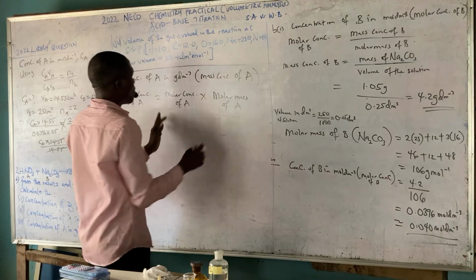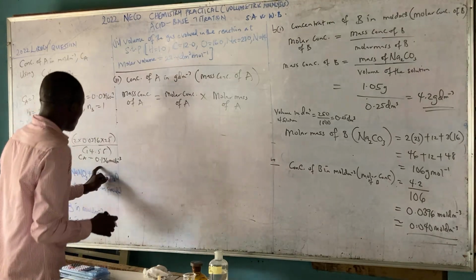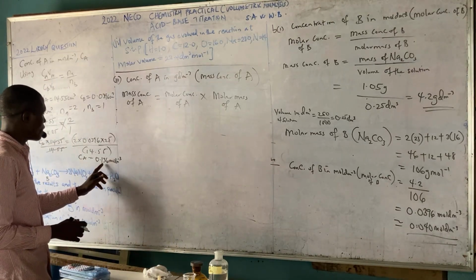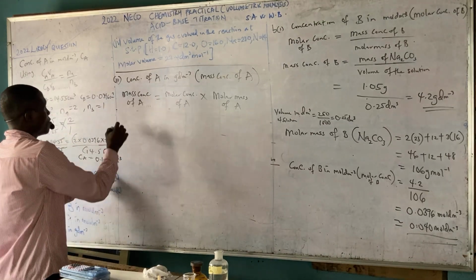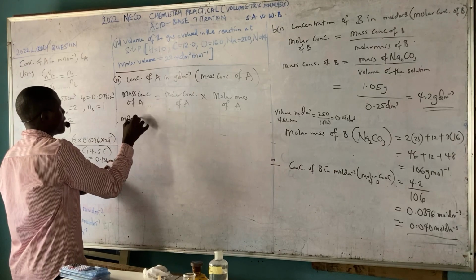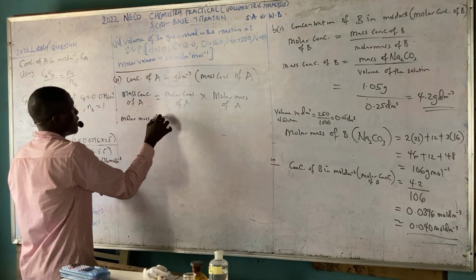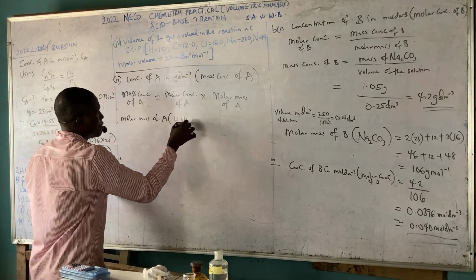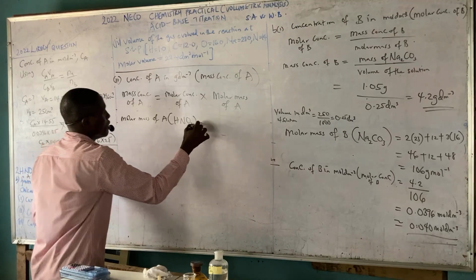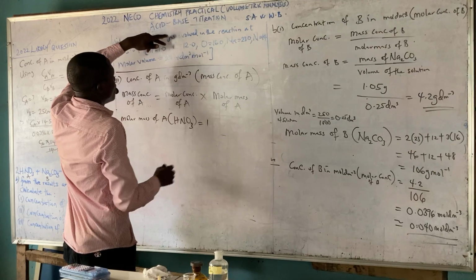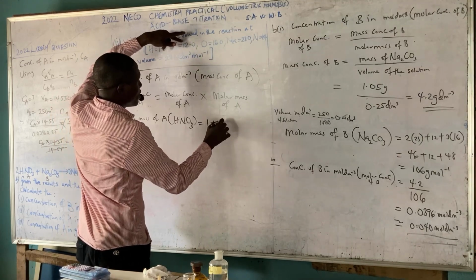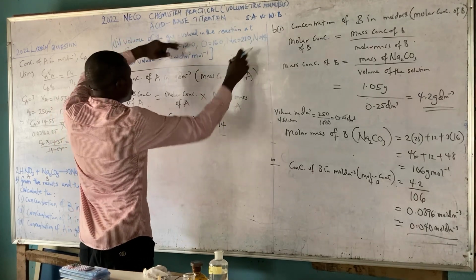Now we have gotten our molar conc of A, which is 0.136 mole per dm cube. But we have to obtain the molar mass first. The molar mass of A, which is HNO3. H is given as 1. The atomic mass of nitrogen is 14.